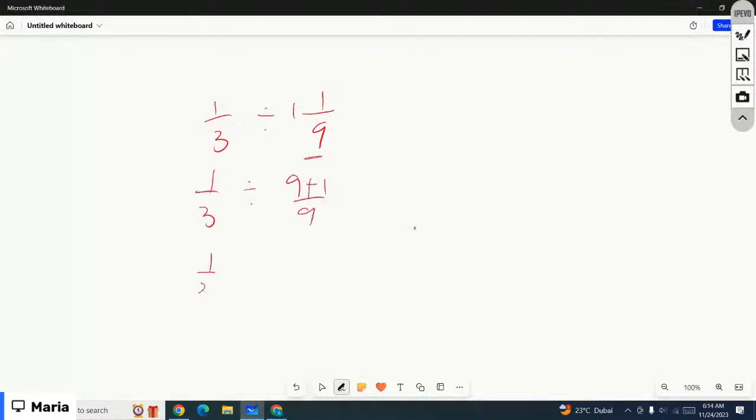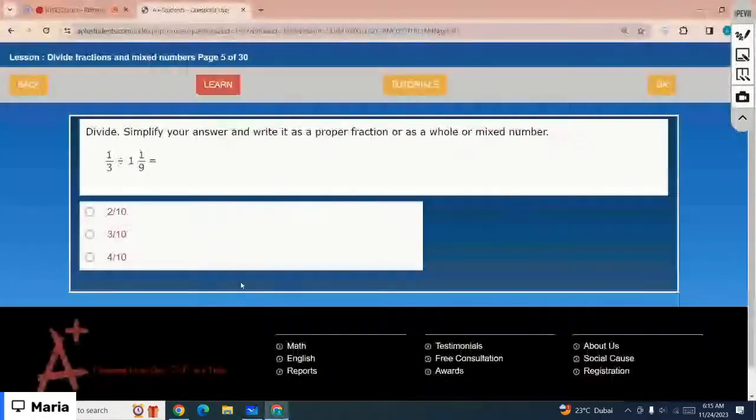So that is 1 over 3 divided by 10 by 9, right? Just replace division sign with multiplication. So that would be 9 over 10. So 3 times 1 is 3, 3 times 3 is 9, right? So that would be 3 over 10. The correct option is 3 over 10.